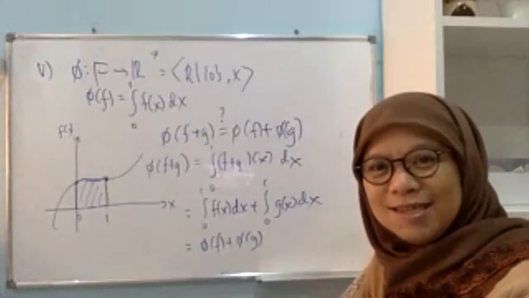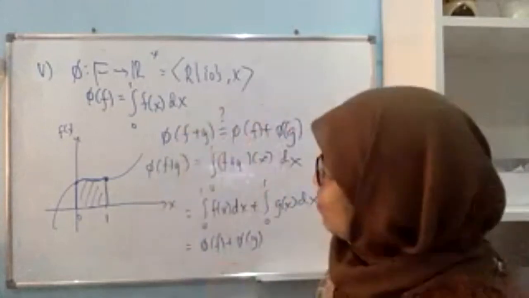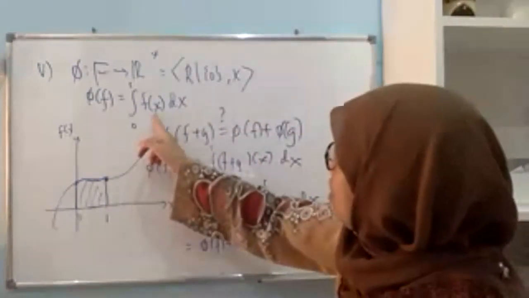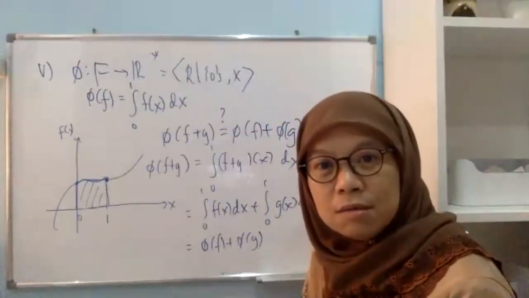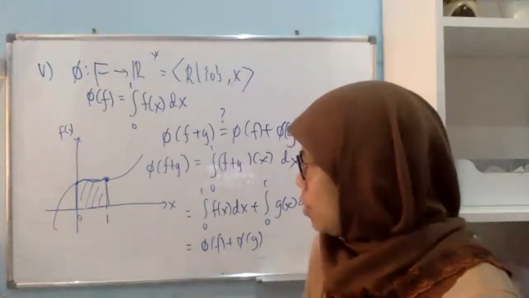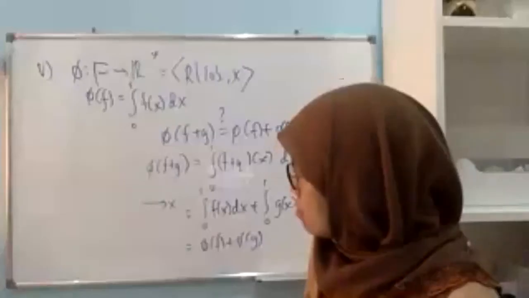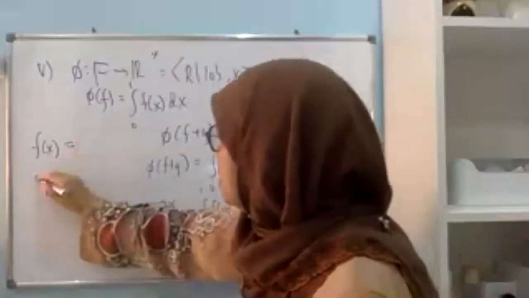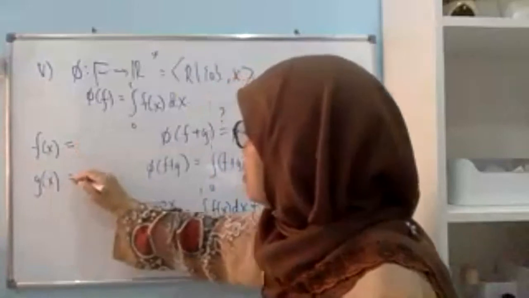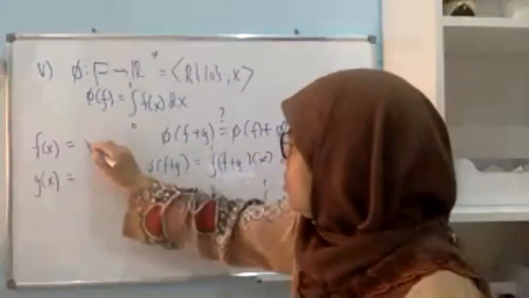The integrals being equal does not mean f is equal to g. But can you come up with one specific example? What if f(x) is x squared and x cubed?